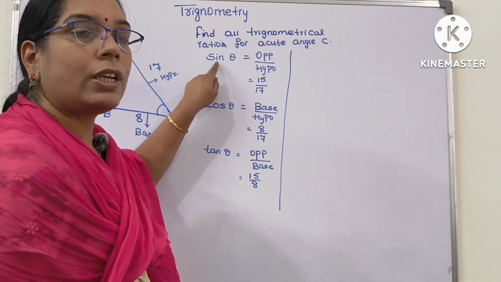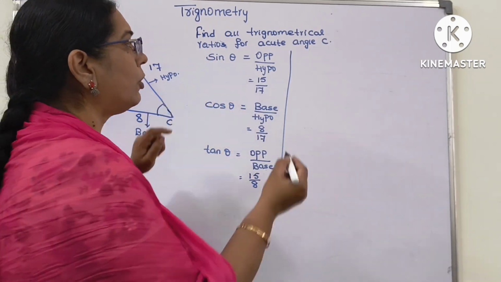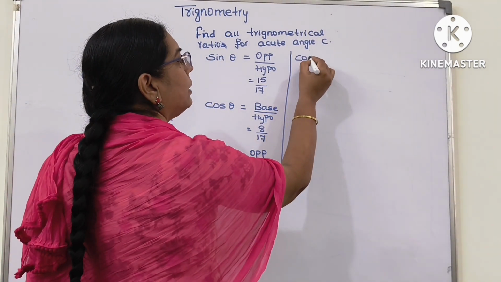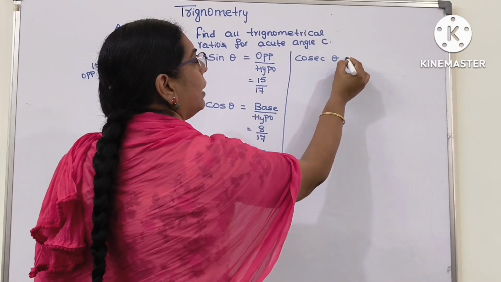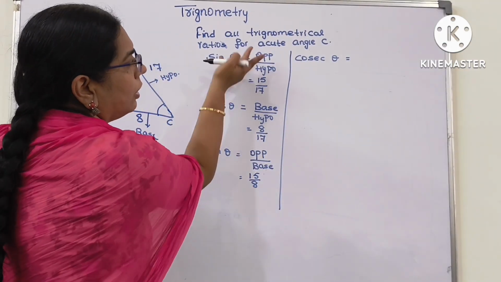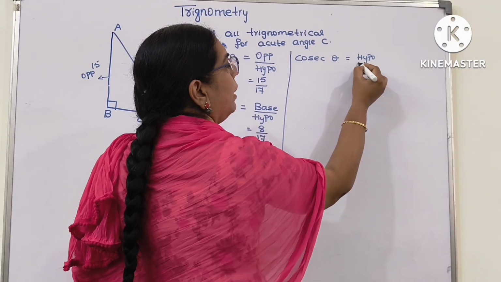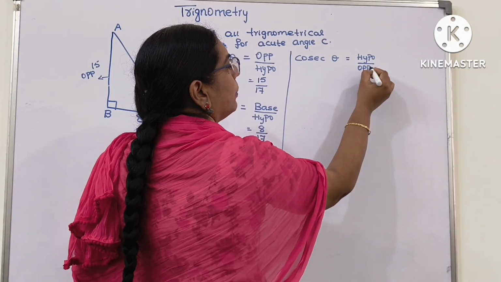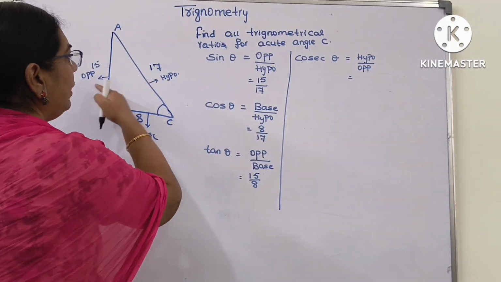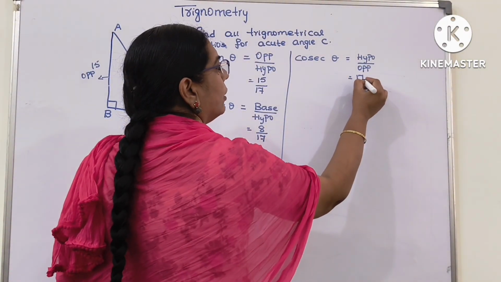Which is the reciprocal of sin theta? Reciprocal of sin theta is cosec theta. So how will you write its ratio? Take the reciprocal. So it will become hypotenuse by opposite. So basically 17 by 15.